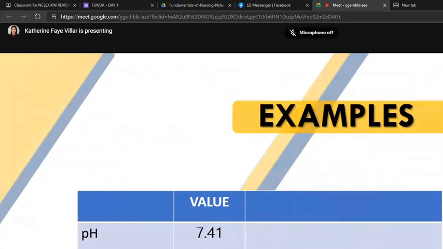Ah, sige. Next. 7.41. Ay, ito ating kanina.